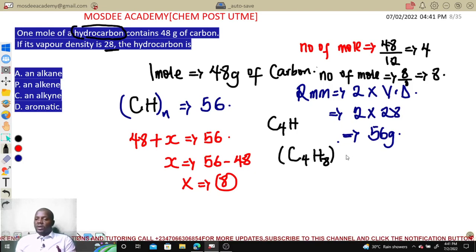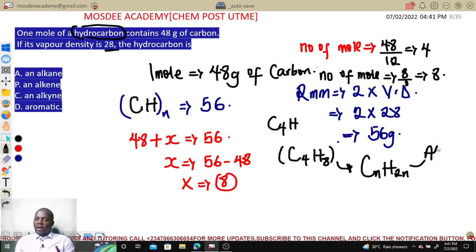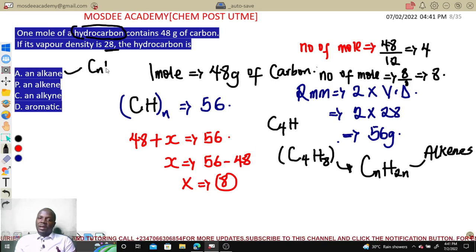It will be the one that has a general formula of CnH2n, which is your alkenes, which are also called olefins. Alkanes have the general formula of CnH2n plus 2. Please, there is a lot to learn. These are basic chemistry. I told you it is observation.